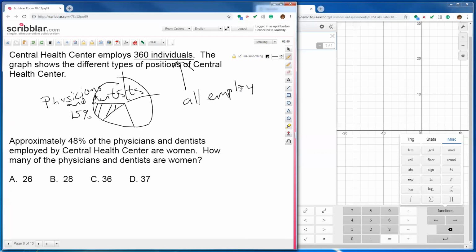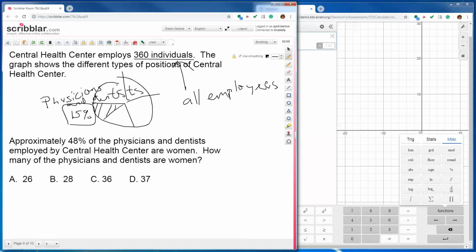So our first step is just to figure out how many physicians and dentists there are total. So to use this 15%. How are we going to find 15% of the 360? Divide. Not divide. Well, I guess it depends on what you're saying. Divide by what? Divide by the 360. So we want to still convert, it was kind of like the shorts problem.